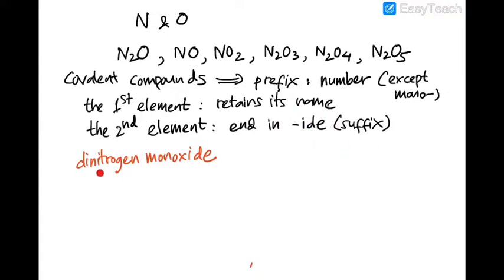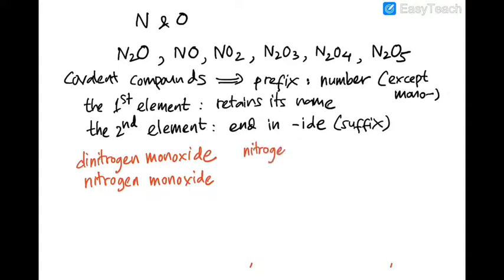So it's dinitrogen monoxide. Second one, now in this example, you will see that you don't have to put the mono, especially in the first element. It's just nitrogen monoxide. This one, this guy.